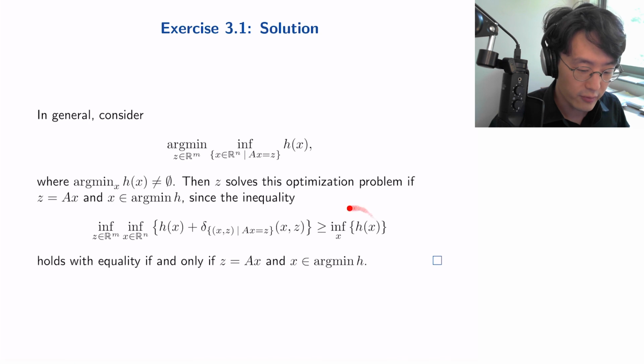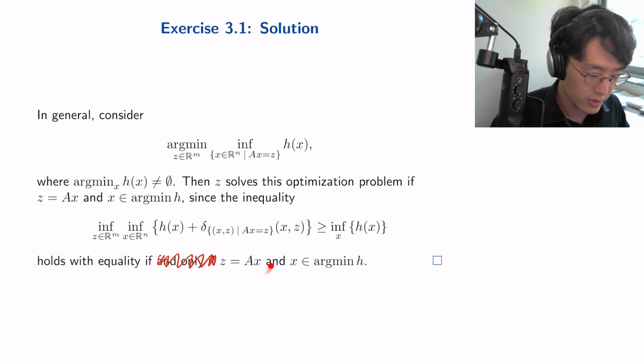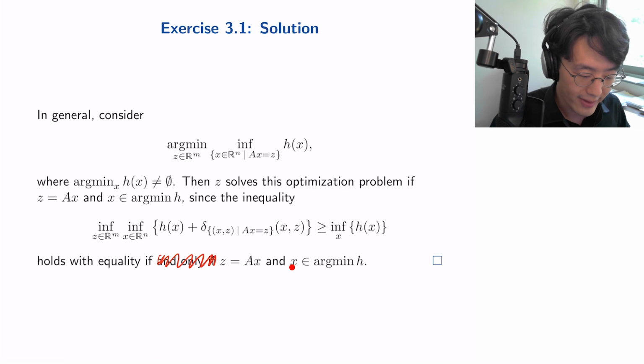On the right-hand side, if we take the infimum over x and obtain the smallest possible value of h, the left-hand side has to be lower bounded by this quantity. This inequality will hold with equality if z is equal to Ax and x is an argmin of h. Because if x is an argmin of h, we set z to be this value, and then this particular argmin of h will satisfy the constraint z equals Ax.